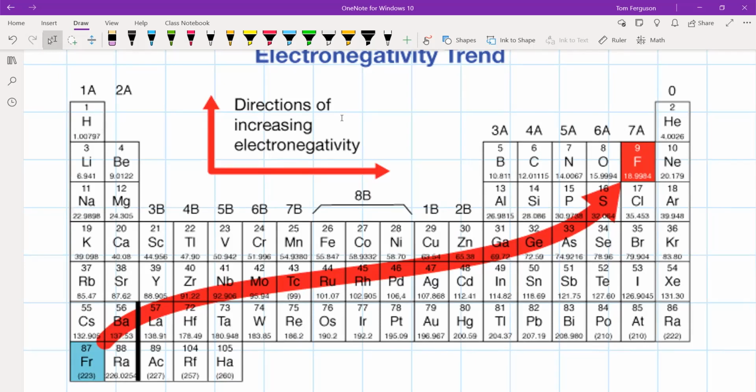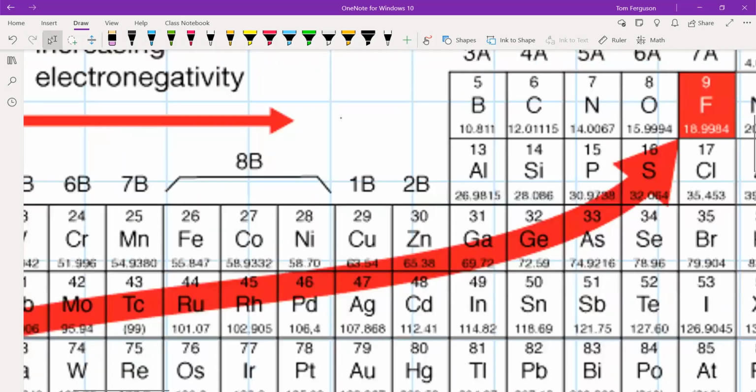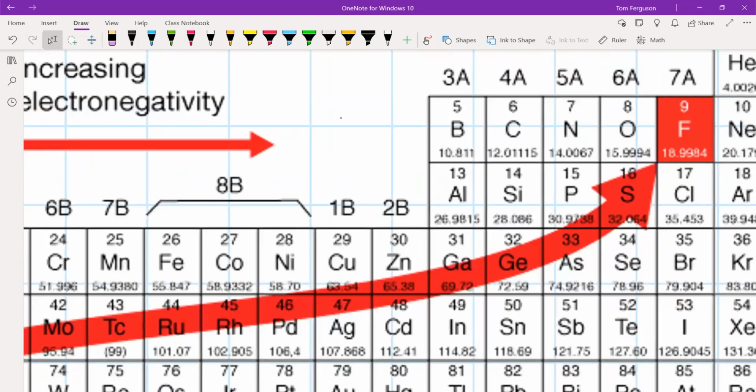Let's see, most of these I already know. Fluorine is 4.0.